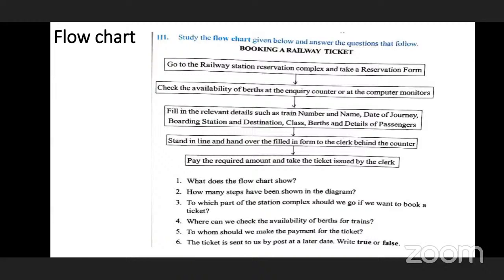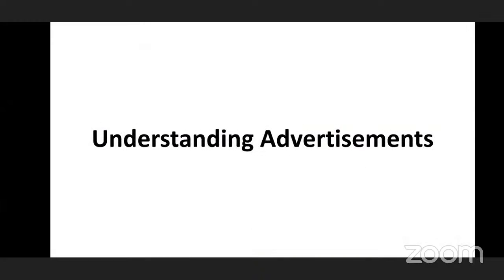To whom should we make the payment for the ticket? Pay the required amount and take the ticket issued by the clerk. We need to pay the amount to the clerk. So this is what a flowchart talks about, and this is how a flowchart should be answered in the examinations. So far we have understood pie chart, flowchart, tree diagram, table, and bar graph.